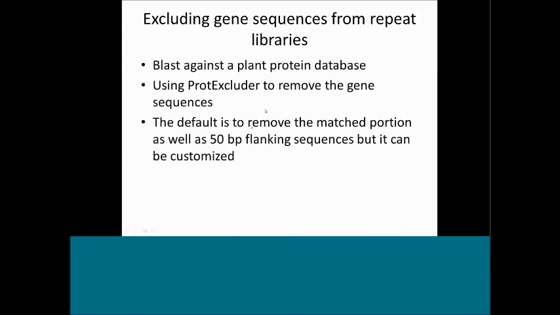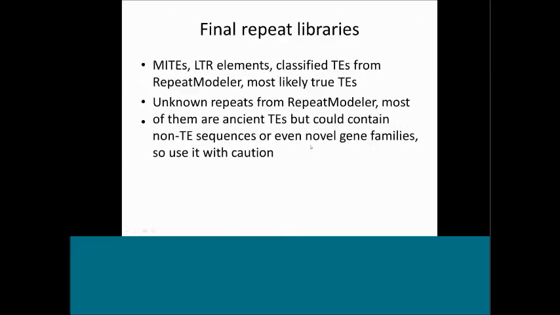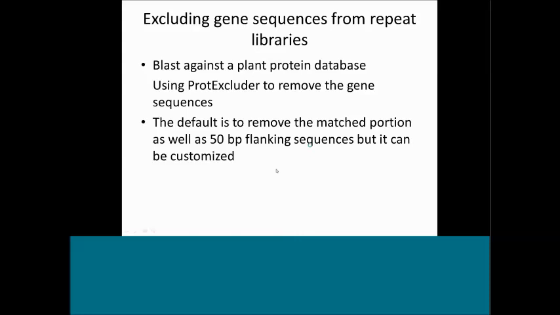By default, because if you have a gene fragment, it's likely the closely related sequence is also a gene sequence, it removes the matched part and also the 50 bp flanking sequence. But depending on your purpose, you could set how long a sequence you will remove.